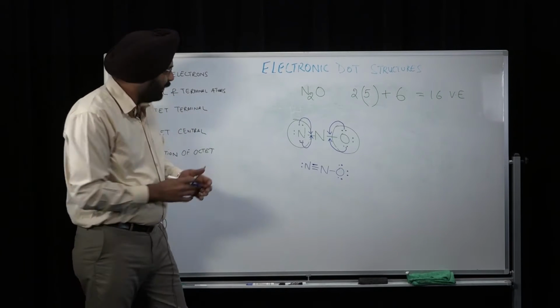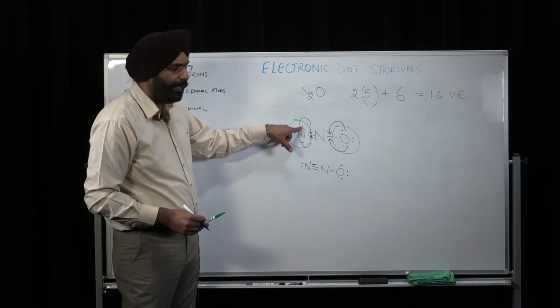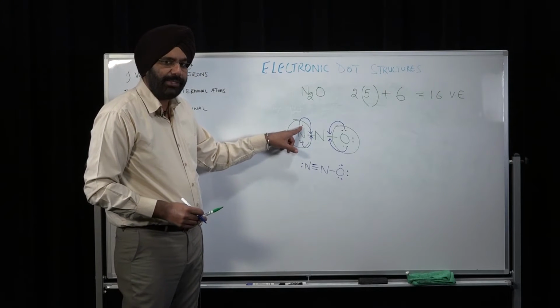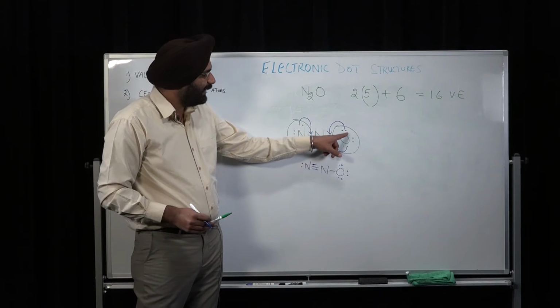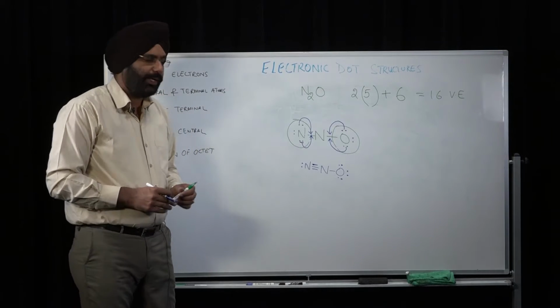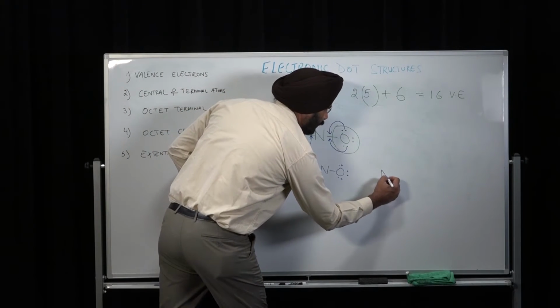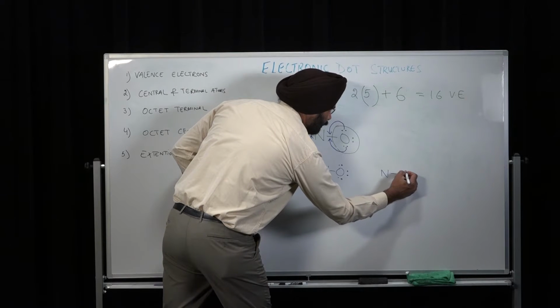What happens then? No longer are the lone pairs on the nitrogen getting converted into the bond pair, but the lone pairs on the oxygen are. What will happen? We are going to get a structure which will look like this.